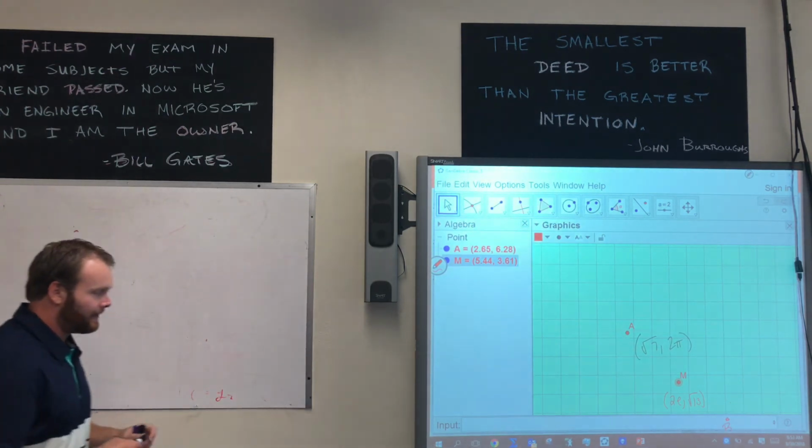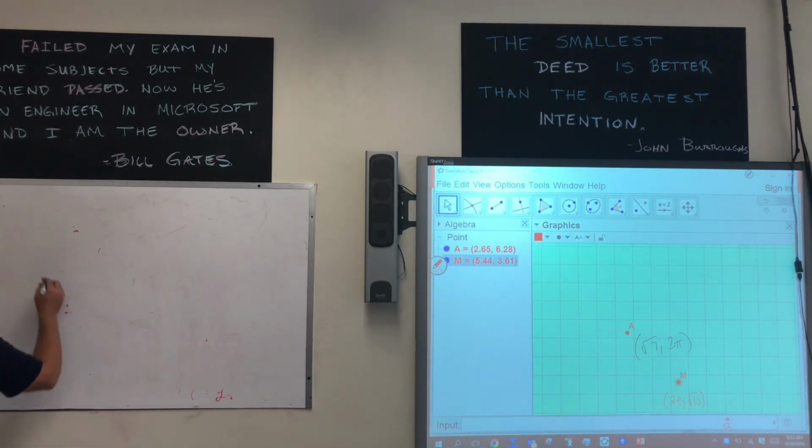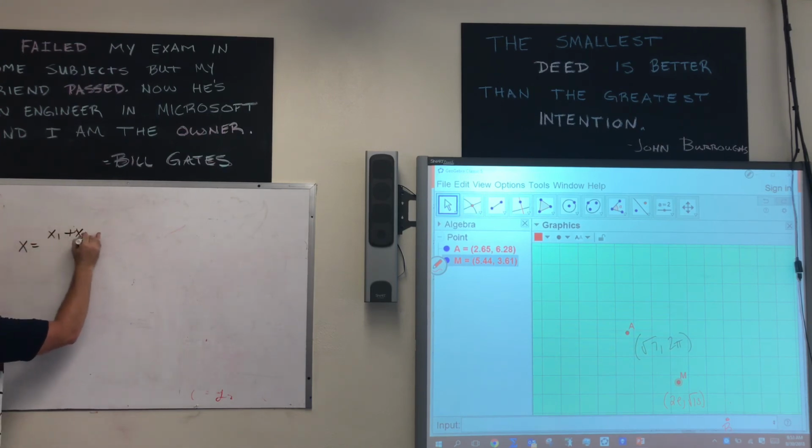So if I'm looking for my x coordinate, remember x was x1 plus x2 over 2. Well, x1 is root 7, x2 is my unknown, and then x, the coordinate of the midpoint, is 2e.